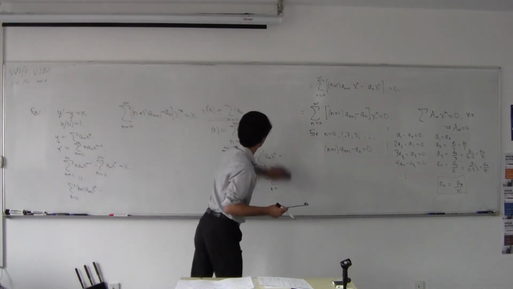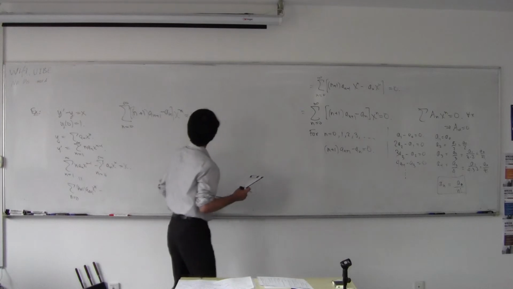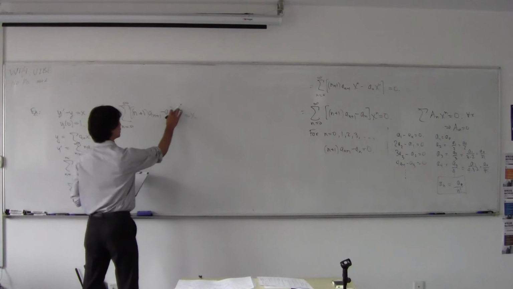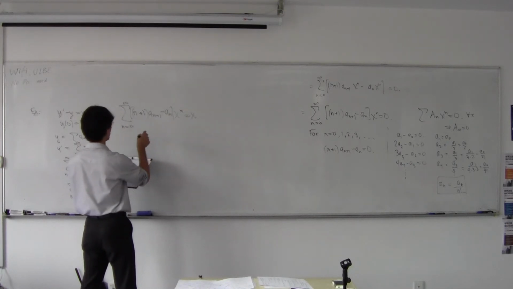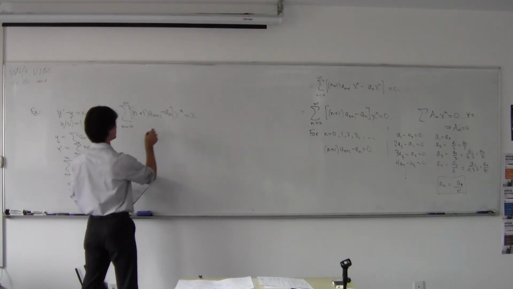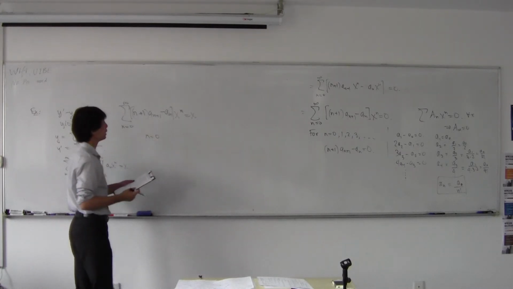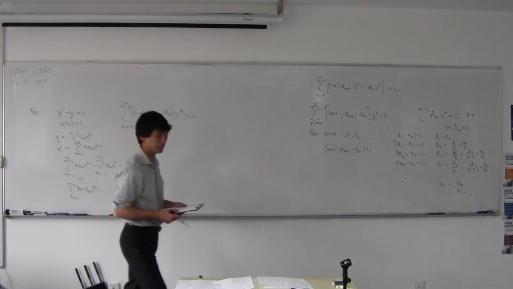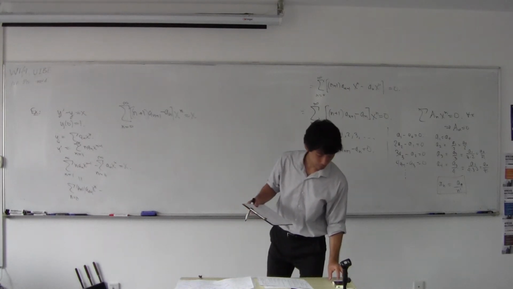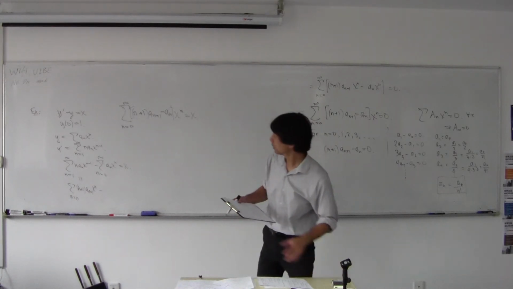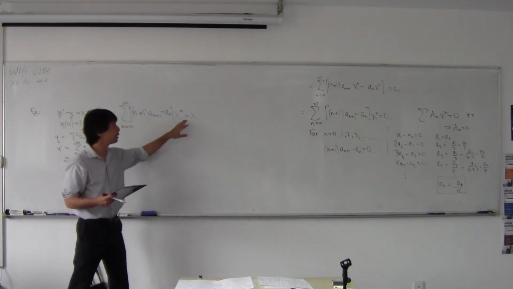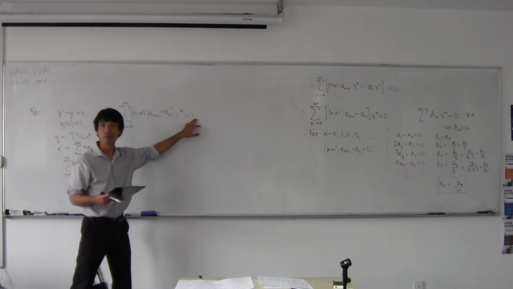Okay. So now, what do you get? When n equals 0, so what do you see? That this polynomial, this function here, equals x, right?